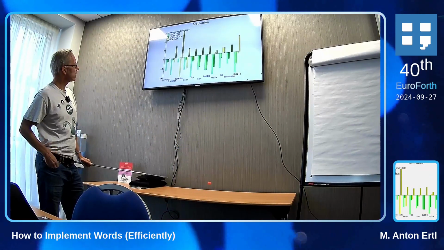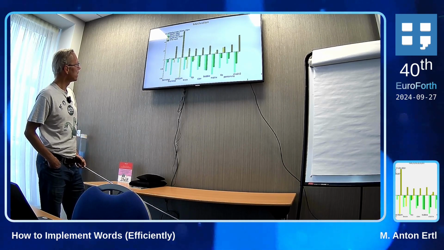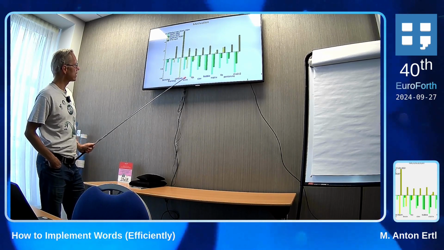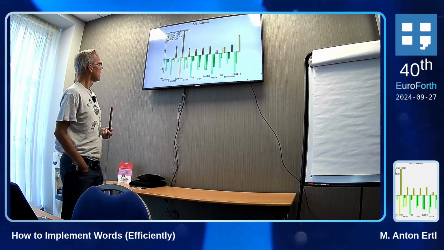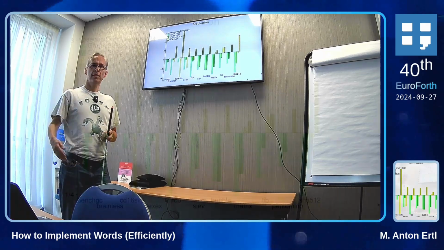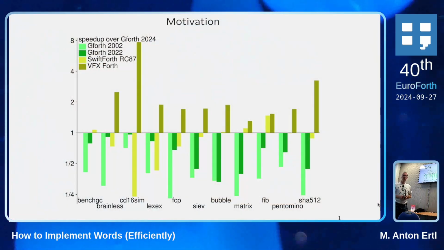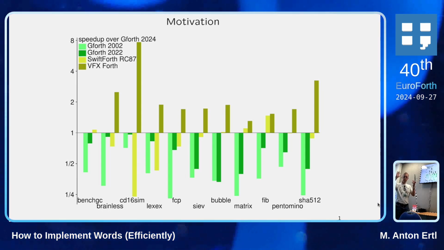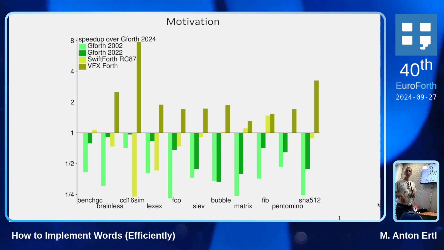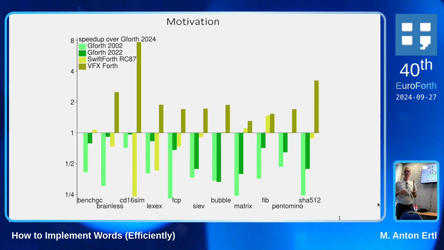And especially there were some funny results for EuroForth, especially for the CD16 sim application benchmark. At some point I contacted Leon and showed him there were some iCache misses and dcache misses, and this looks like there's some code close to data.